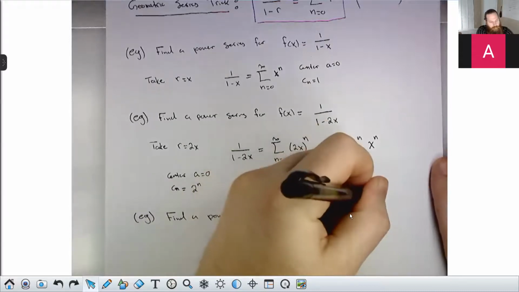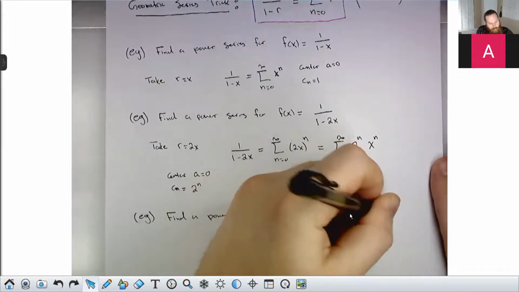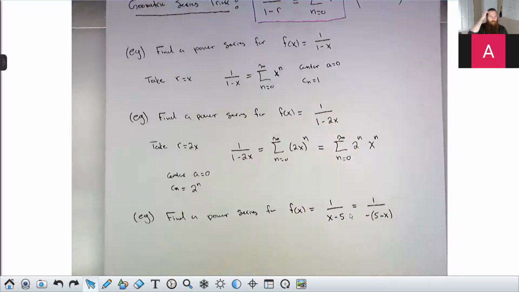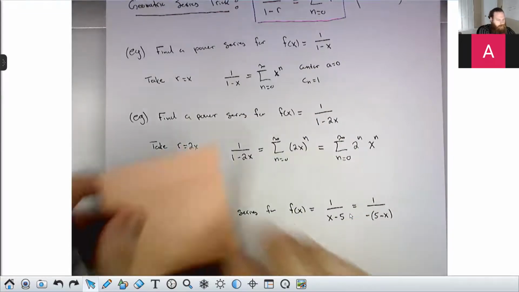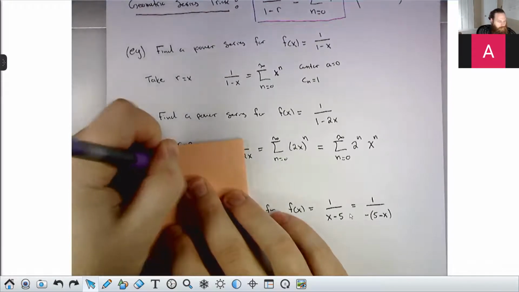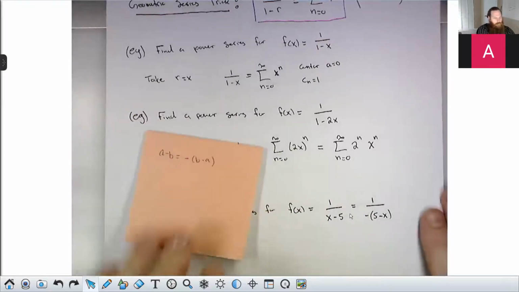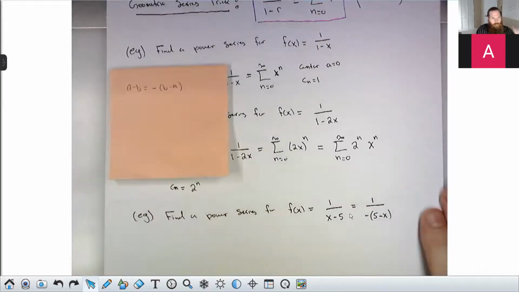First, I can force factor out a negative. Remember, a minus b is the negative of b minus a. I'm using this fact to force out a negative.